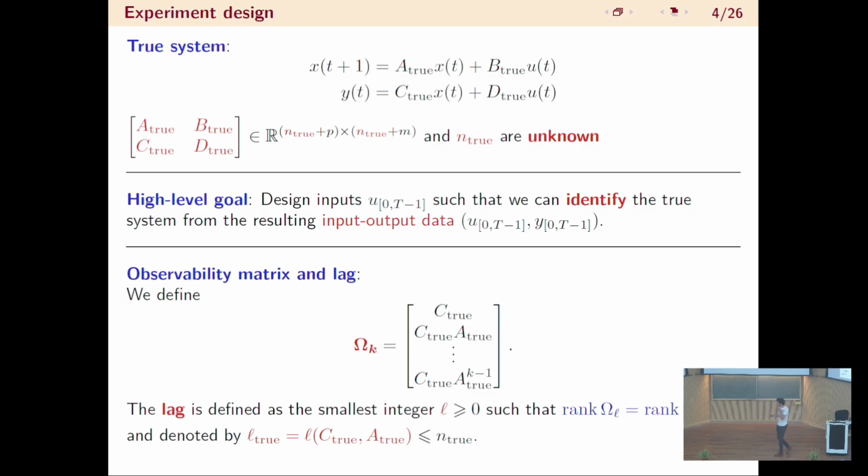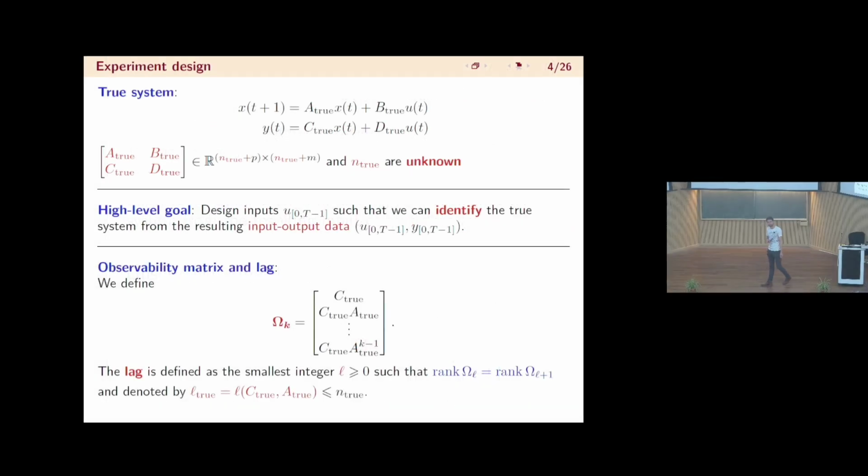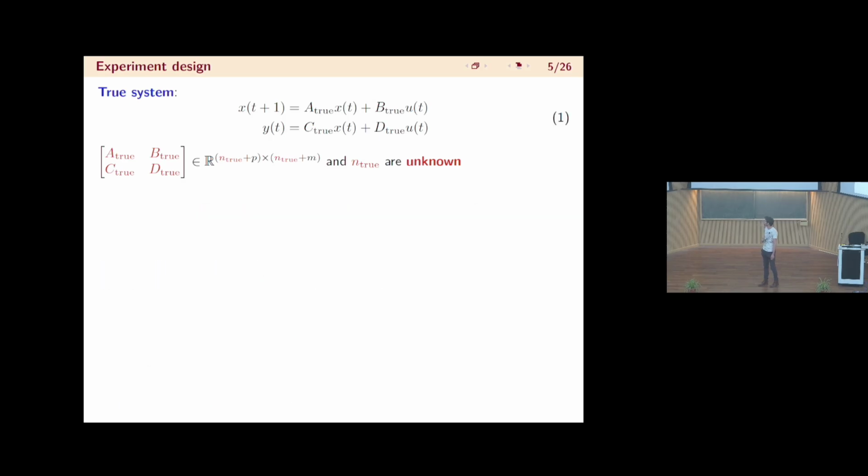And then we define the lag to be the smallest integer L, greater or equal to 0, such that the rank of Omega_L is equal to the rank of Omega_{L+1}. And I will denote the lag of this true system by L true. Again, by the Cayley-Hamilton theorem, the true lag is always less than or equal to the true state space dimension n true.